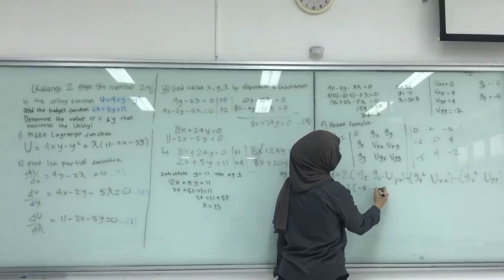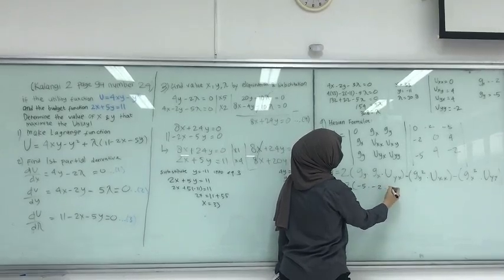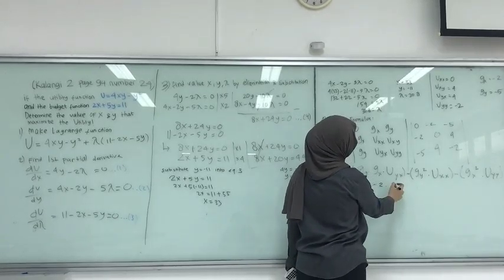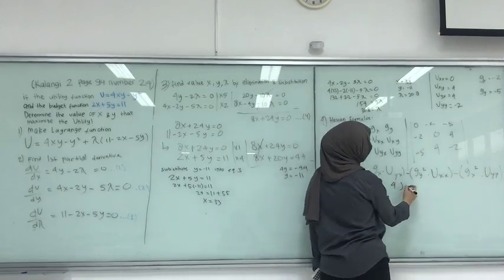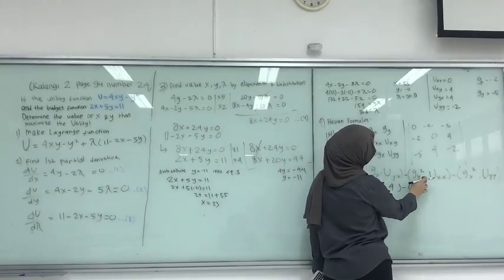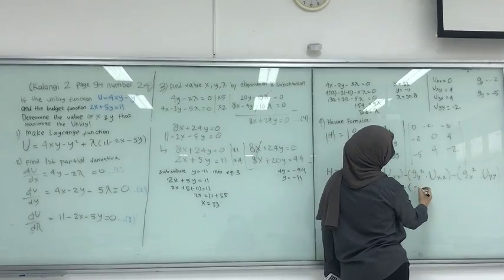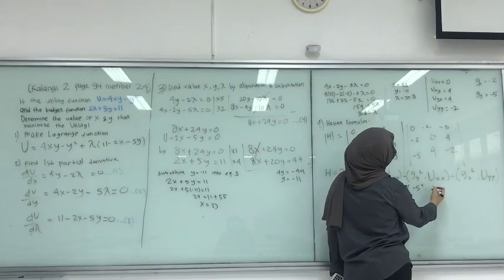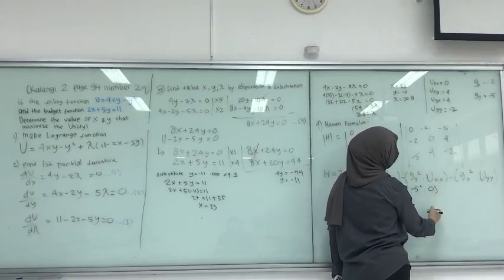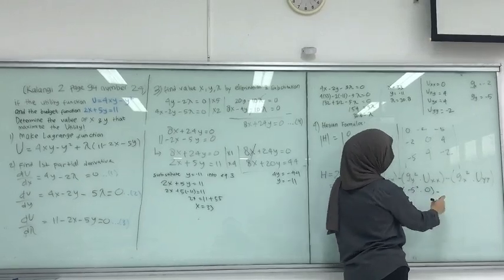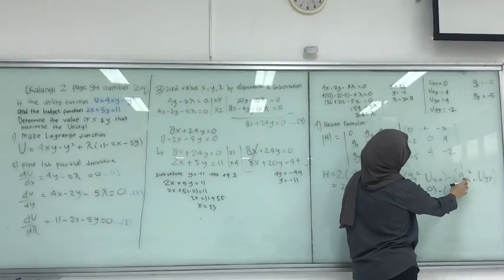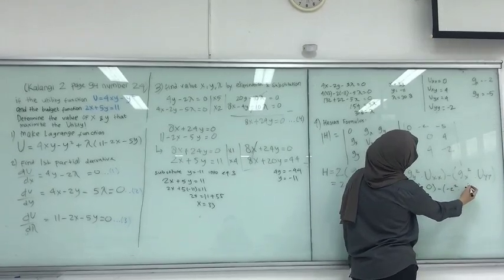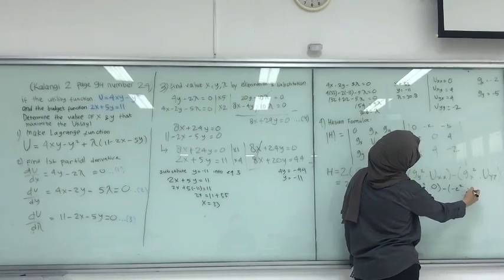-5 times -2 times 4, right? 4, and then minus 5 to the power of 2 times 0. Yeah, gonna be 0. And then -2 to the power of 2 times -2.